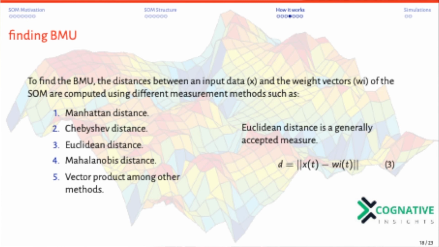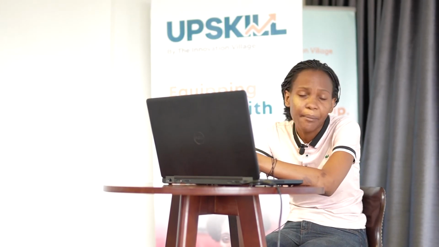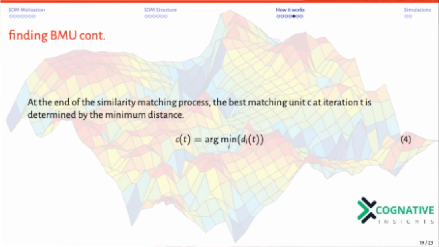If I'm looking at, say, airlines, which of them possesses the best properties based on what is put out there. As I said before, we have different types of distances: Manhattan, Euclidean, vector products, among others. But with self-organizing maps, it generally uses the Euclidean distance, where we find the distance of a weight calculated from the output space.